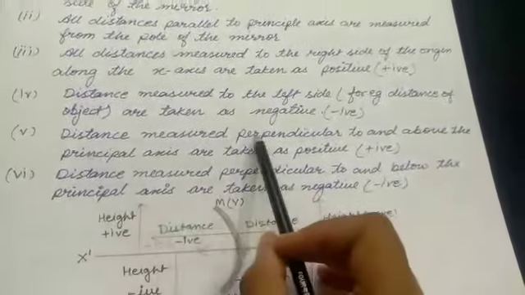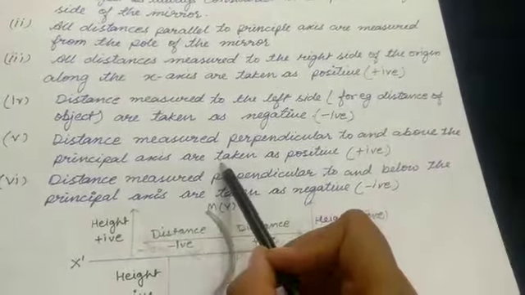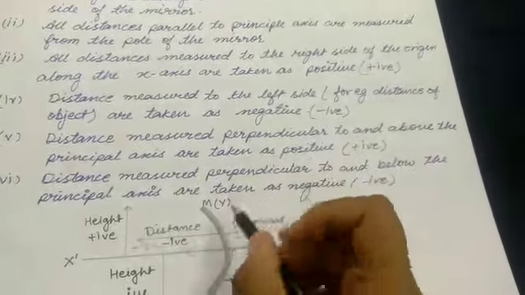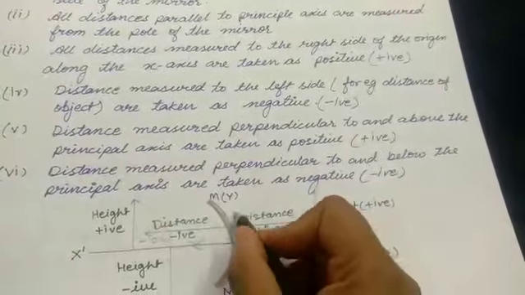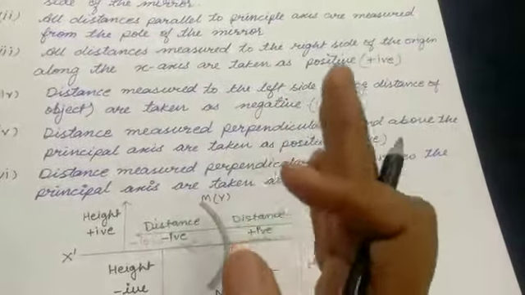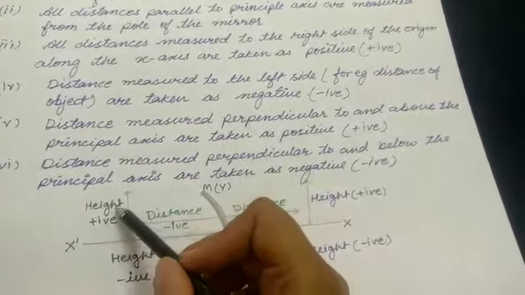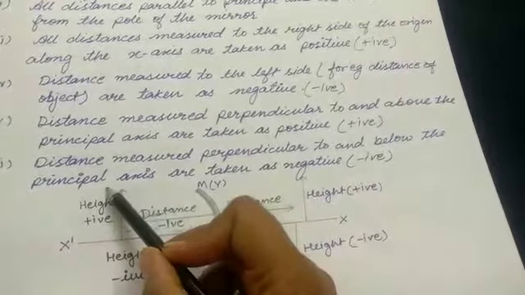Now, distances measured perpendicular to and above the principal axis are taken as positive. If we are considering any height which is above the principal axis, the height will always be positive.